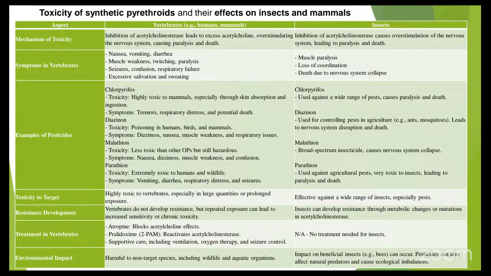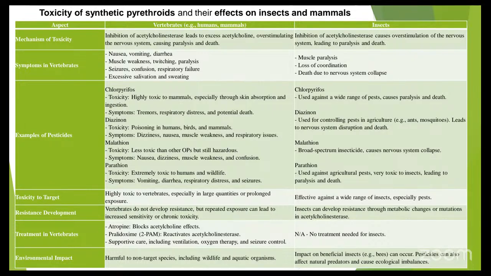And the general effects on the insects you can see here with comparison to the vertebrates, where the mechanism of toxicity is inhibition of acetylcholinesterase, which leads to excess acetylcholine and overstimulating the nervous system, causing paralysis and death, which is the same in case of insects as well. Symptoms in vertebrates will be like nausea, vomiting, diarrhea, muscle weakness, twitching, paralysis.